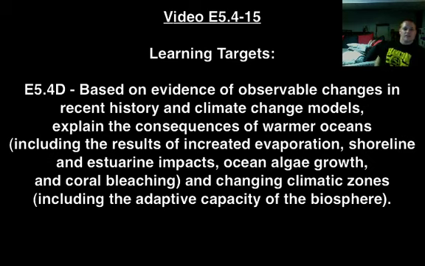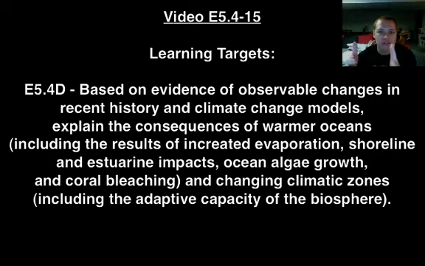All right, once again, this activity is going to deal with learning target E5.4-15. And the focus of this one is going to be on the changing climatic zone, and more specifically about how a different type of adaptiveness is taken by humans based upon the climate changing in the Arctic area.